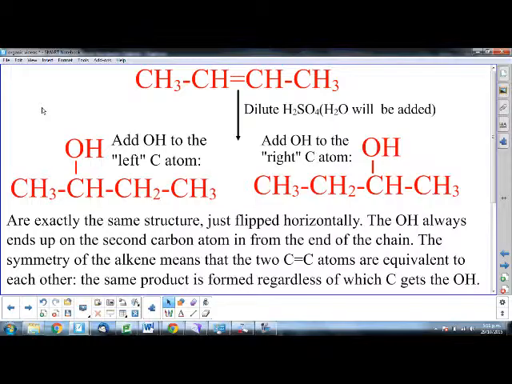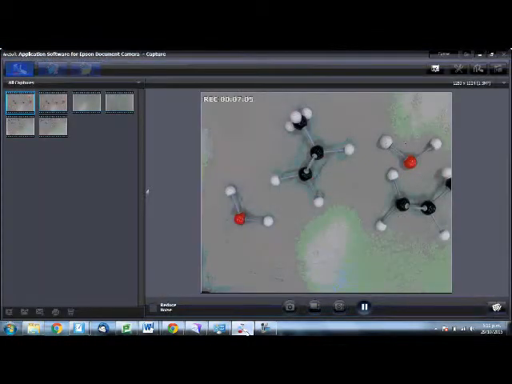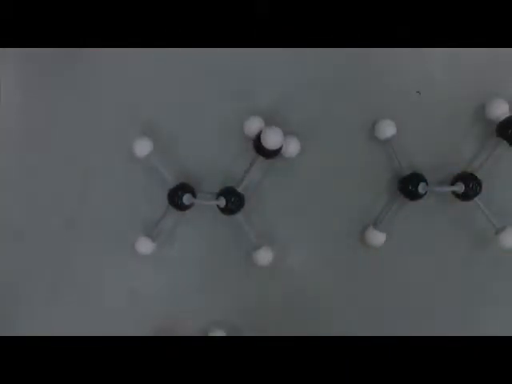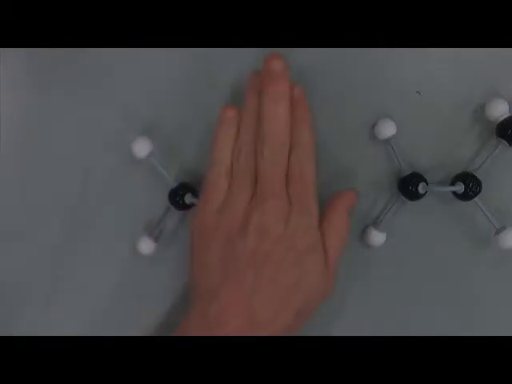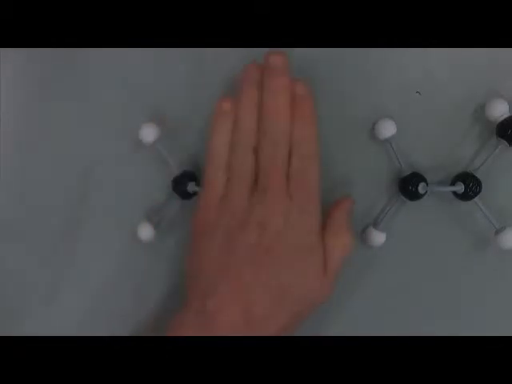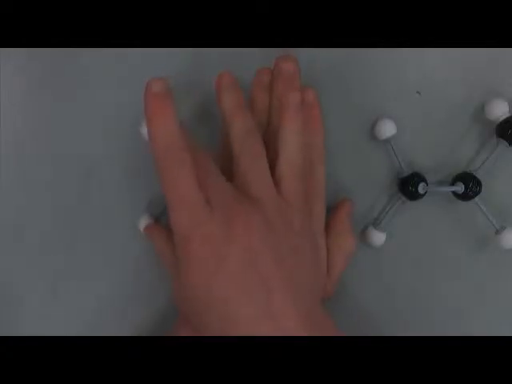try out an asymmetrical alkene, which will be propene. I now have propene. It is asymmetrical because in terms of this side versus that side, there are different groups on each side.